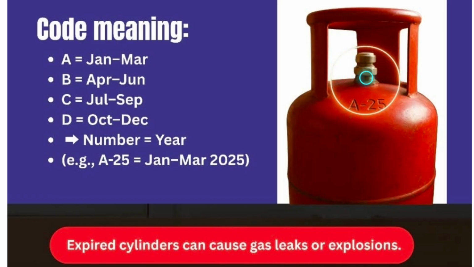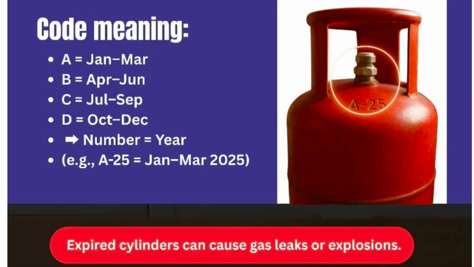That means it was manufactured or last tested between January and March 2025. I'm going to show you how you find this. So how will you know whether it's March or September? All here is very logical.